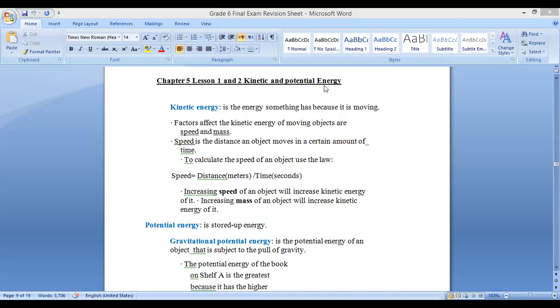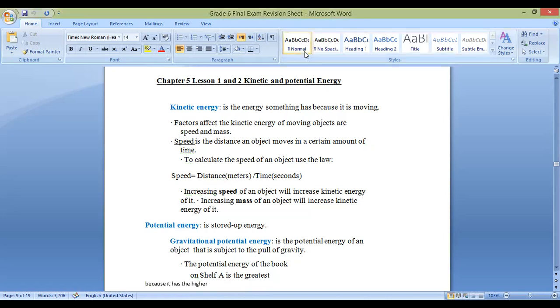Yes, the word gravitational means gravity. That means it is a potential energy that is subject to the pull of gravity. Right.